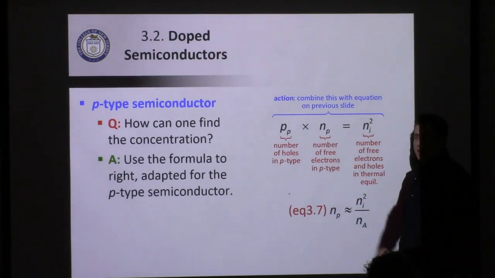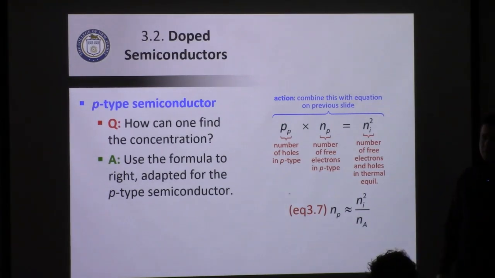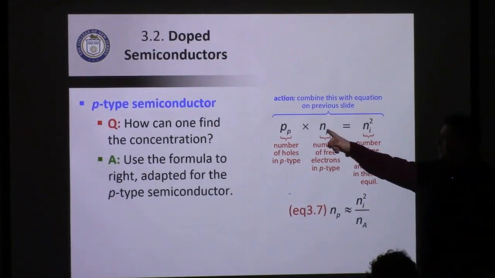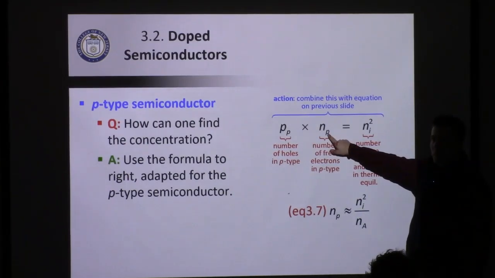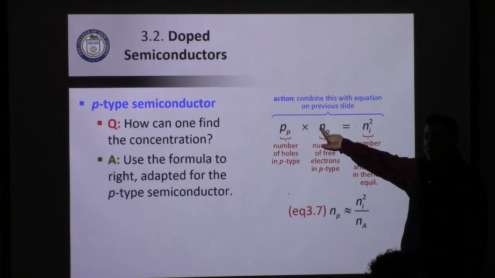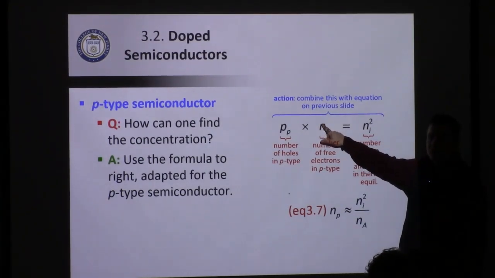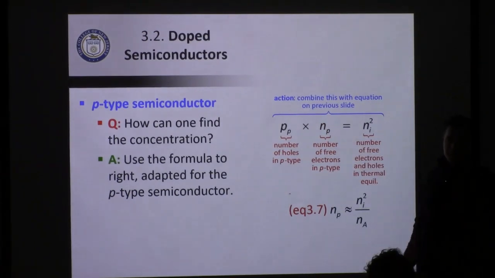And then you can calculate the minority charge carrier. So again, looking at the notation here, this is still for the p-type doped semiconductor, so subscript p, but now we're talking about the other charge carrier, the minority charge carrier, which is free electrons, so n sub p.